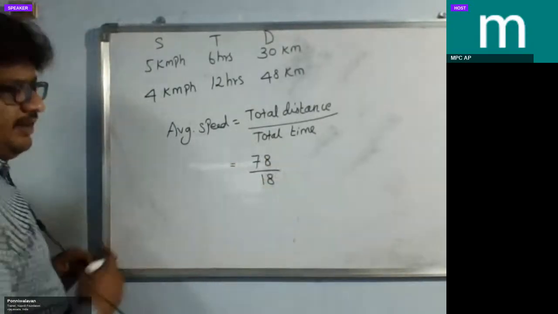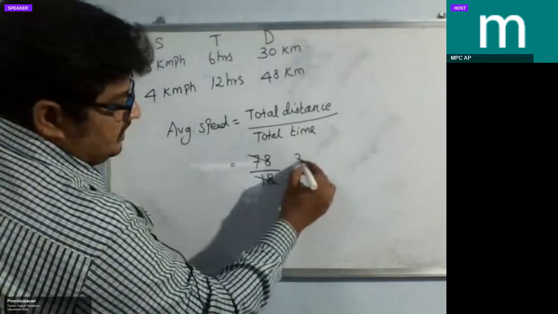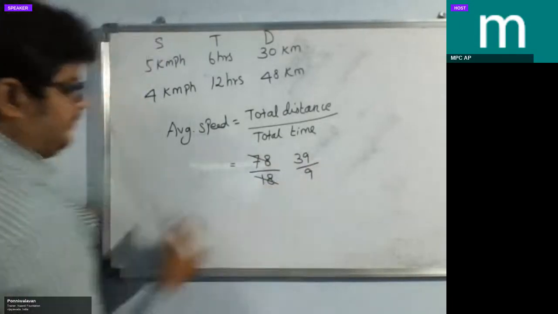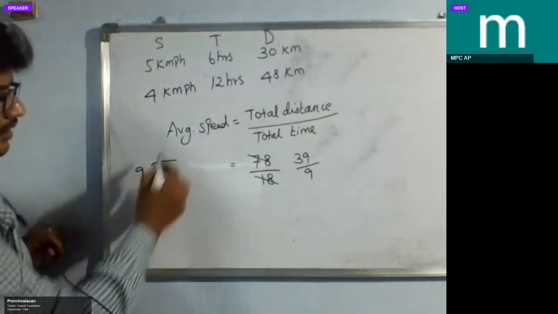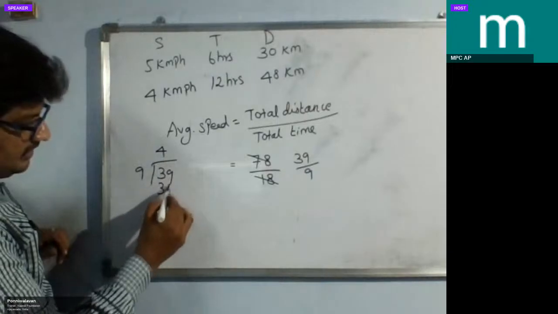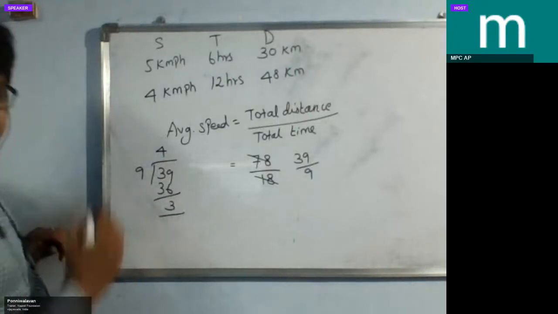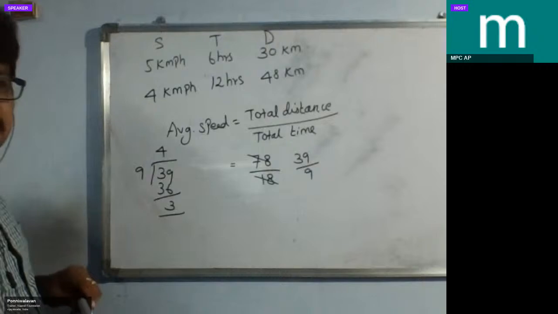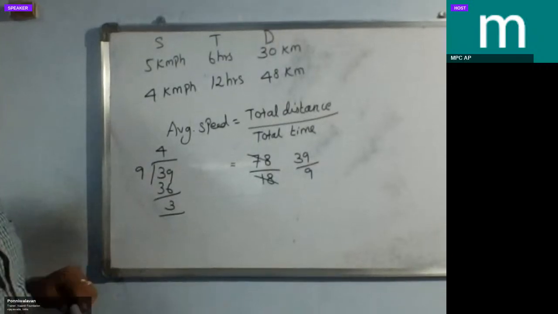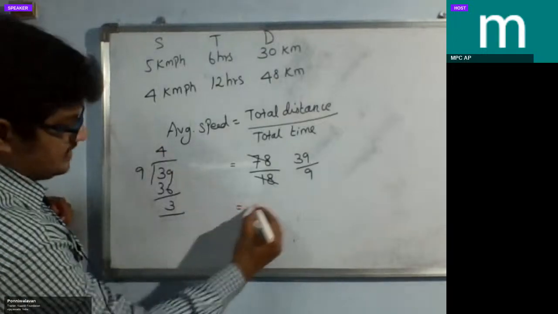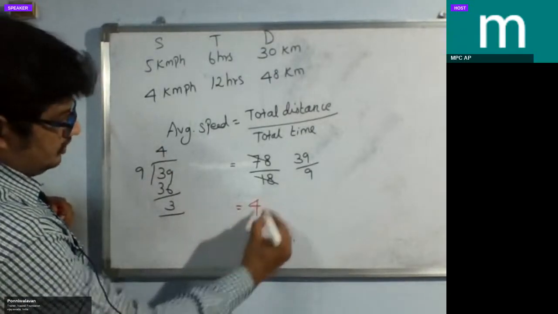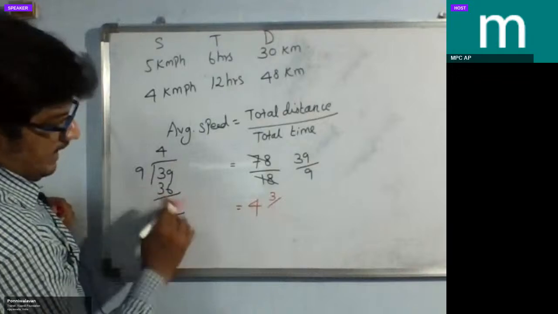Divide 78 by 18. If you divide by 2, it is 39 divided by 9. Okay. If you divide 39 by 9, 4 times it is 36. What is the remainder? Yes. So the answer is 4 and 3 by 9.